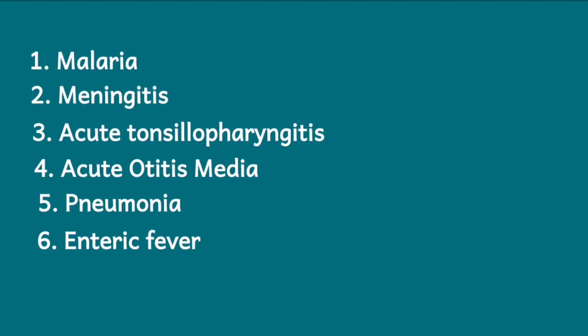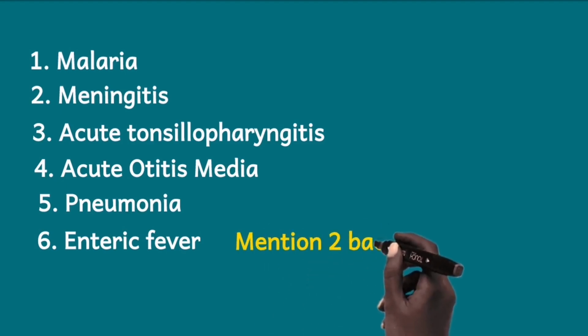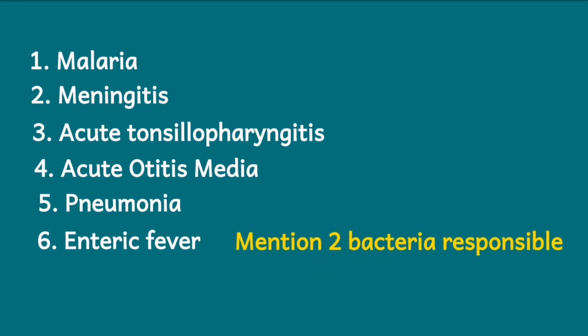Enteric fever, like we will see later, is a systemic illness caused by the dissemination of Salmonella typhi or paratyphi. What made us choose enteric fever was that there was another question which read, mention 2 bacteria responsible for this condition. Then it drew our attention to the fact that it could be enteric fever.